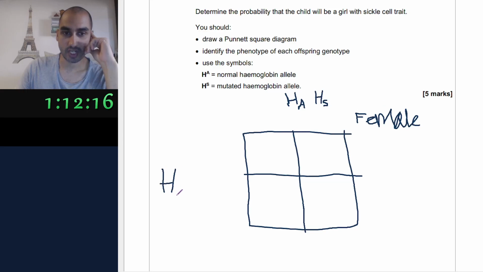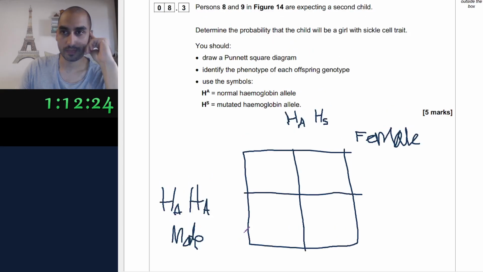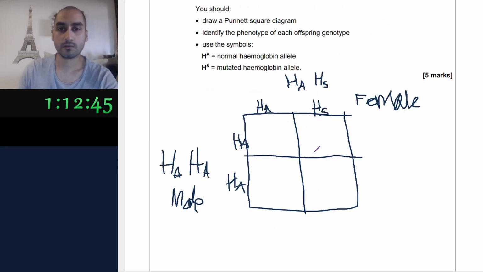And this guy has HA. Okay. So Punnett square, let's say we've got HA here. I mean, this is a square. Let's just go with this. HA.